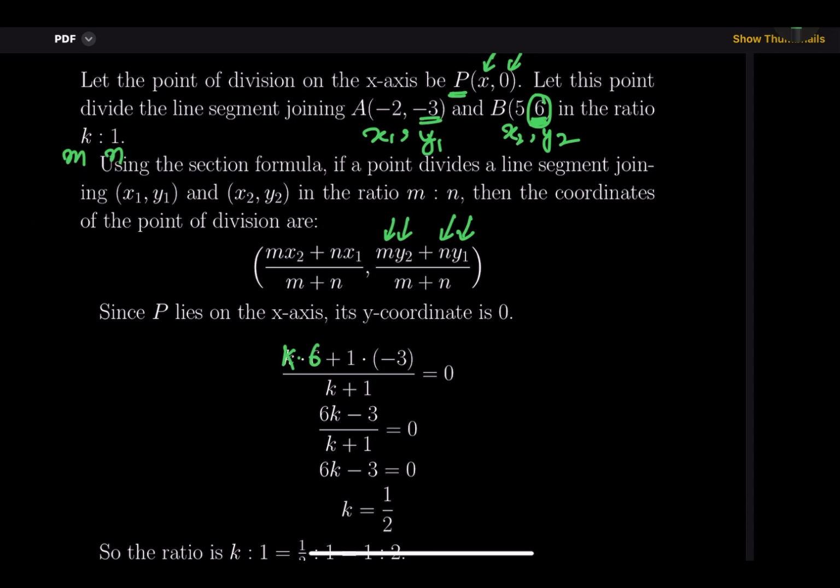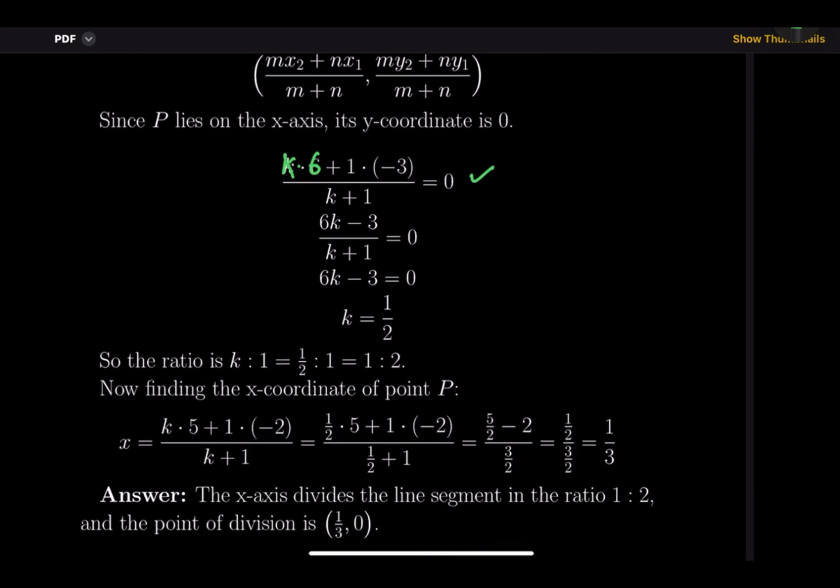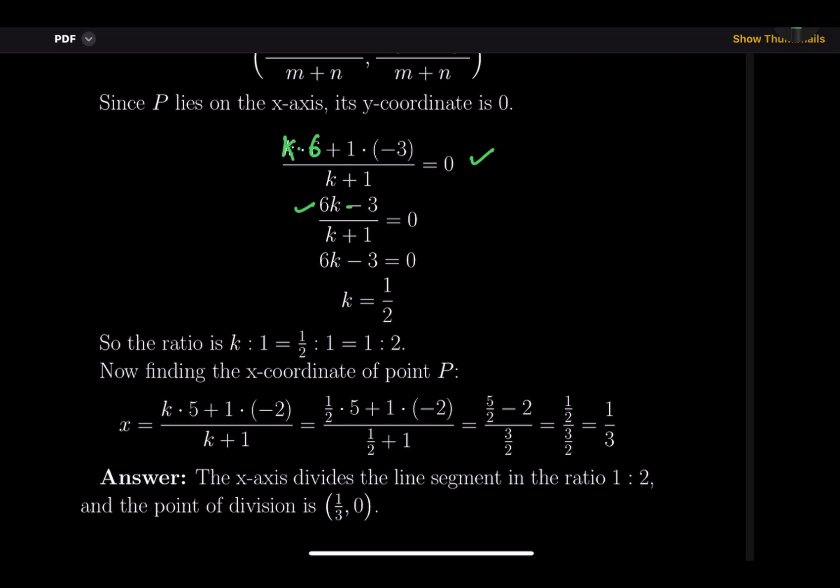Equal to 0. Now (6k minus 3) divided by (k plus 1) equals 0.